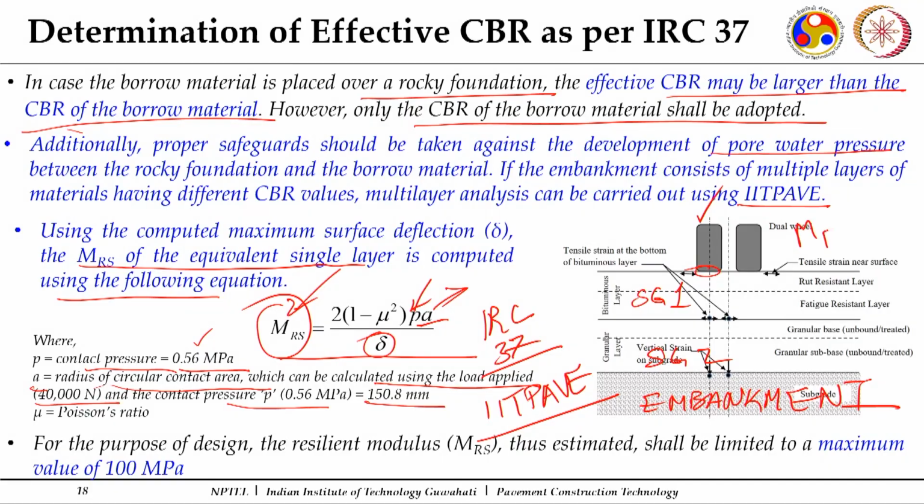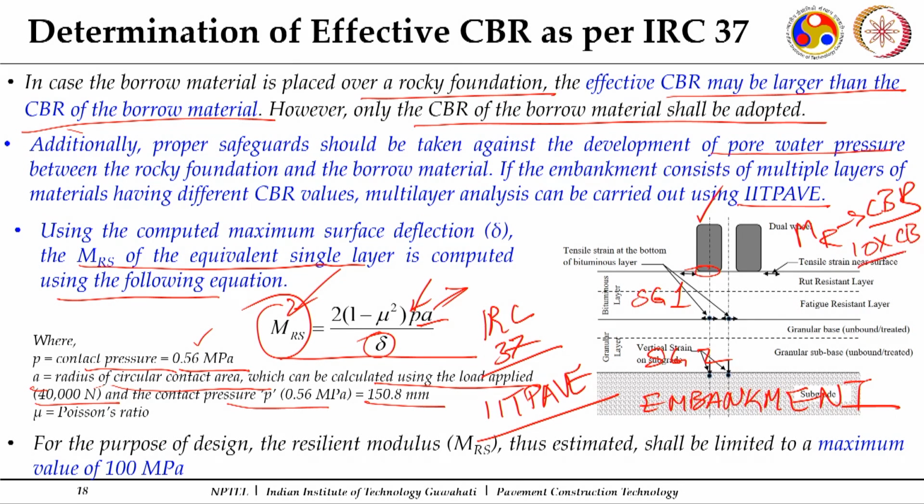And finally, you can go by the empirical relationships which were given to correlate MR with CBR. As we have seen, if CBR is less than or equal to 5%, MR is 10 times the CBR value.